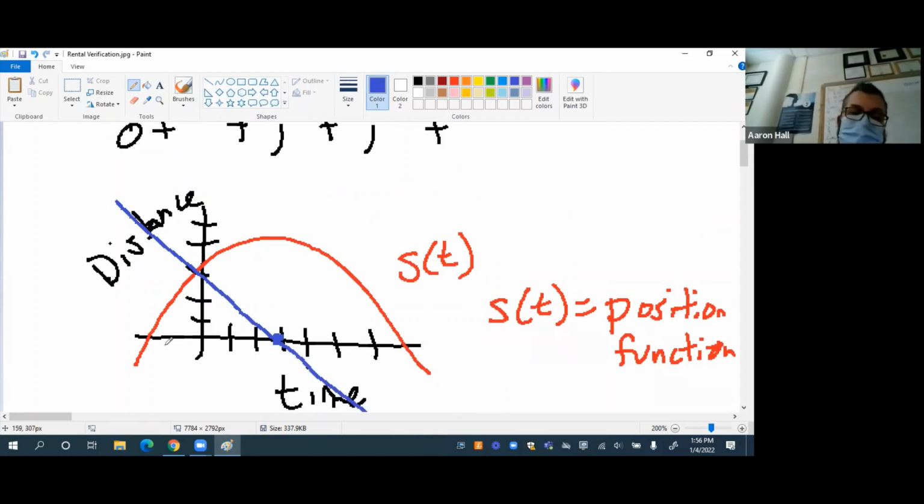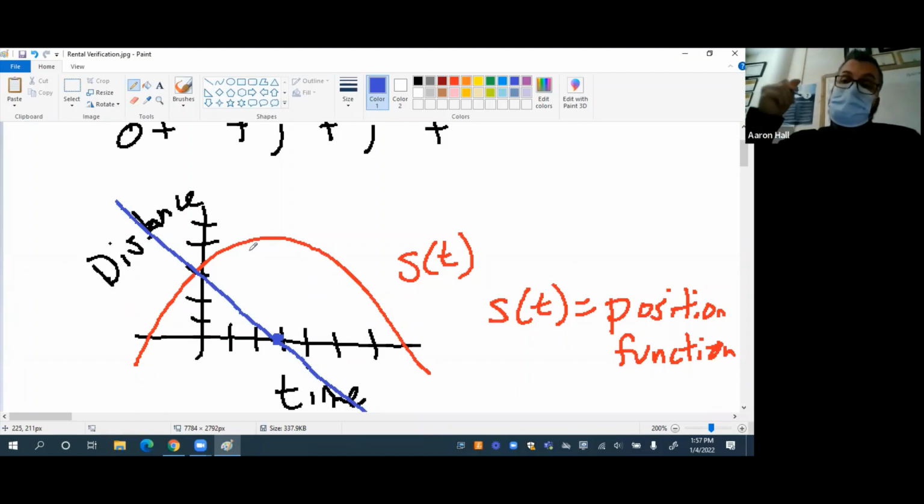Does it surprise you that this, which looks to me like a quadratic, has a derivative that is linear? Why not? Eleanor said because of the power rule, we subtract 1 from the exponent, which makes sense. If we have a quadratic, we subtract 1 from our exponent, and that makes it linear.